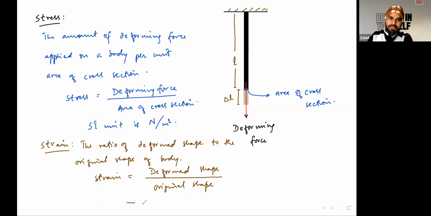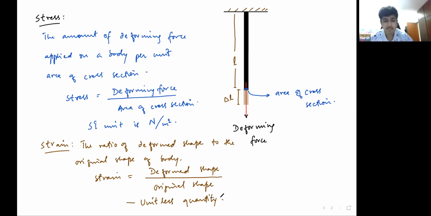It means strain is a unitless quantity. Is it clear? Yes, sir. Okay. Just write it down or take a screenshot. Okay, done? Yes, sir.